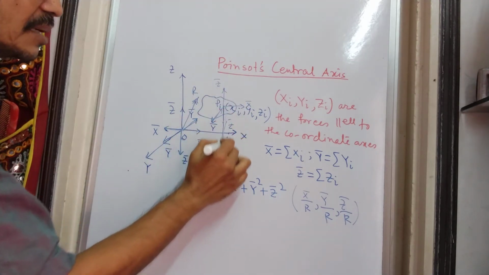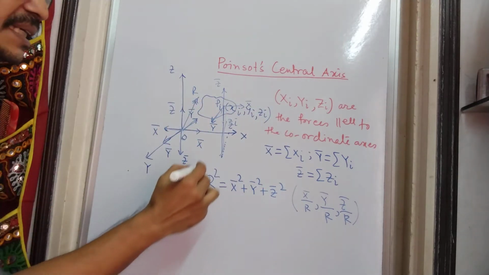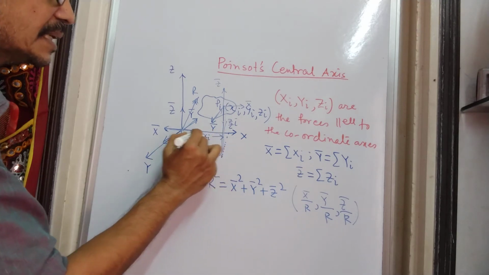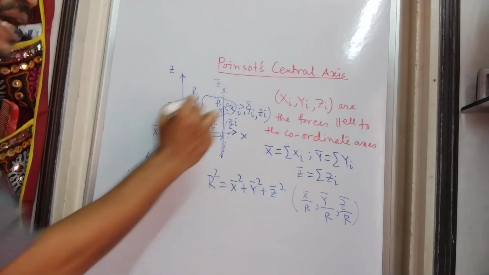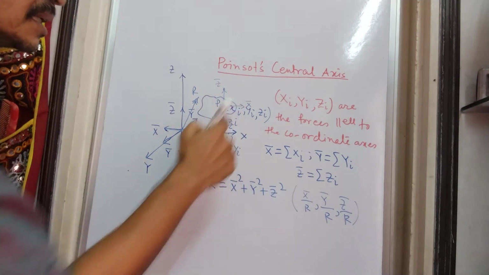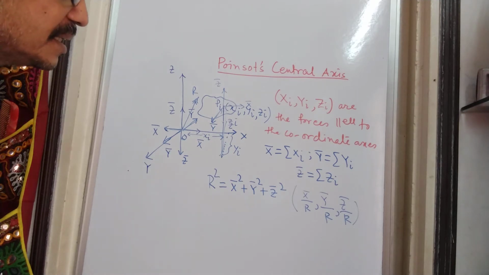This is actually the measurement of small zi, the coordinate of Pi. This is the measurement of small xi, the coordinate of Pi, and this is the measurement of small yi, the y coordinate of Pi.